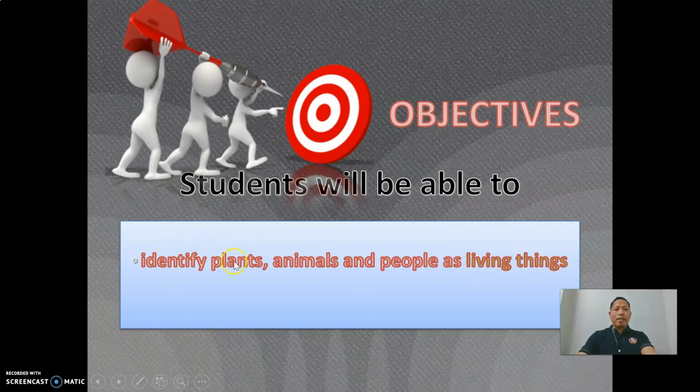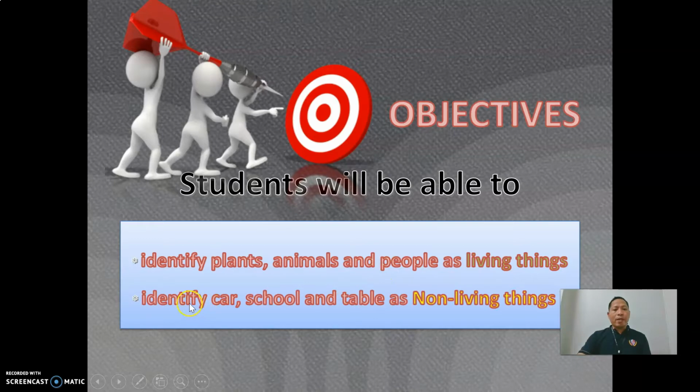Again, identify plants, animals, and people as living things. The second one is to identify car, school, and table as non-living things. So these two objectives are what we are going to study.